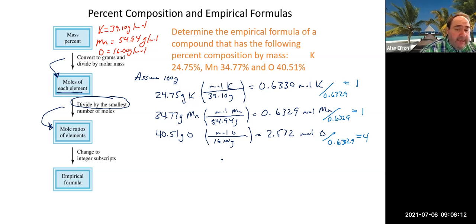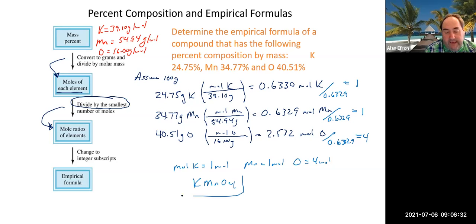Because we did, that tells us that we have 1 mole of potassium, 1 mole of Mn, and 4 moles of oxygen, which means our empirical formula would be KMnO4, which is potassium permanganate, and this would be the correct empirical formula.